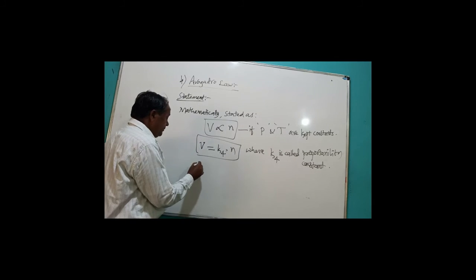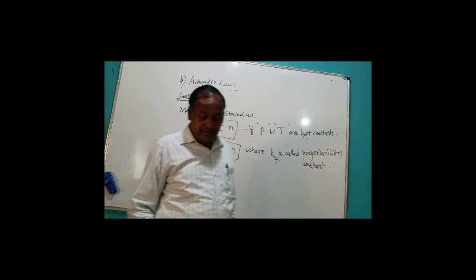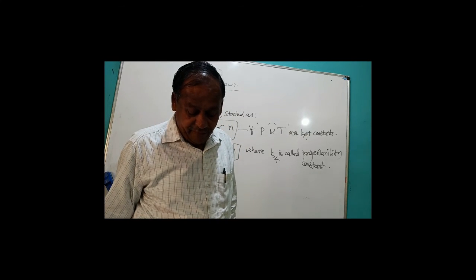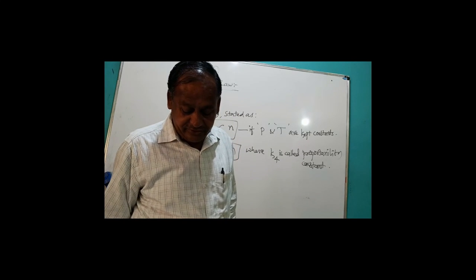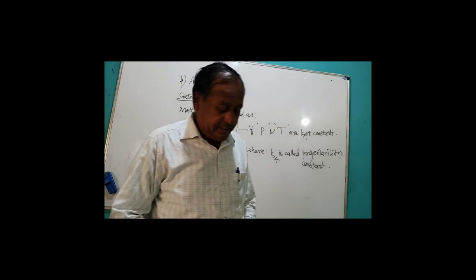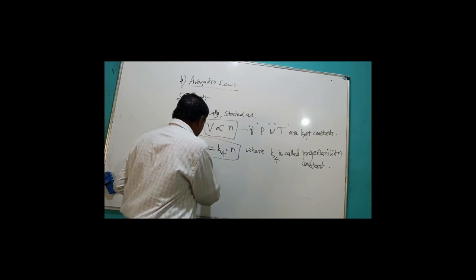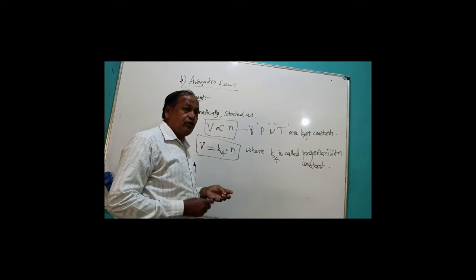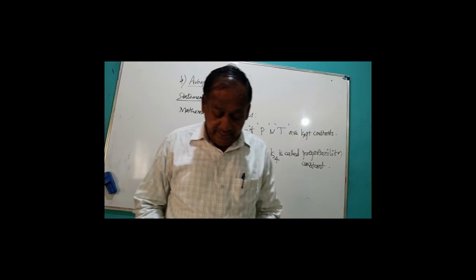Finally, V is equal to K4 n, where K4 is a constant. So this is the mathematical statement for Avogadro's law: V is equal to K4 into n.